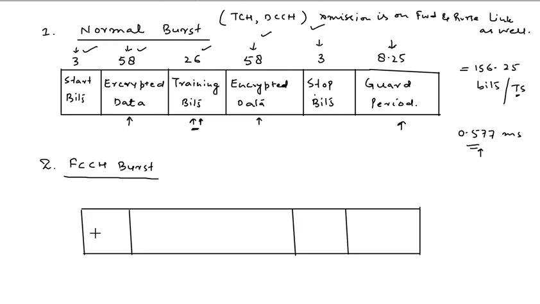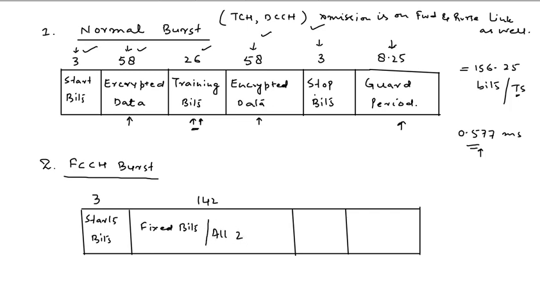Initially in this category we have 3 bits, and these are, as usual, your start bits. The next field is of 142 bits, a fixed field where all bits are zeros.